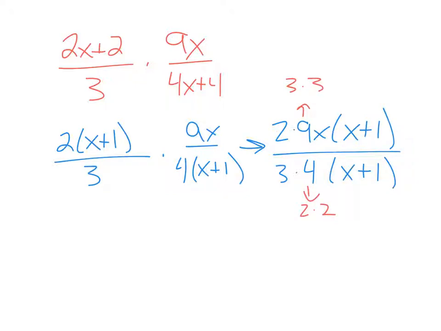So then when you're looking to cancel things, you can say, well, here's a 3 that I can cancel, here's a 2 that I can cancel, and here's an x plus 1 that I can cancel. And so what you're left with then is a 3x in the numerator and a 2 in the denominator.